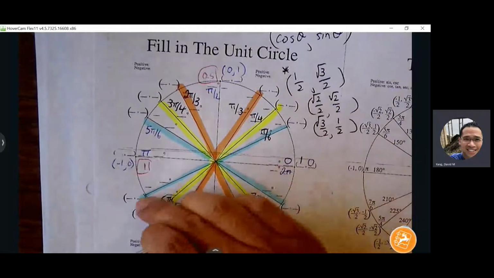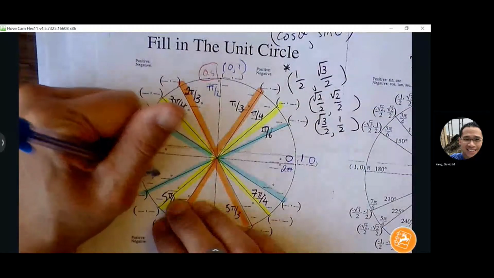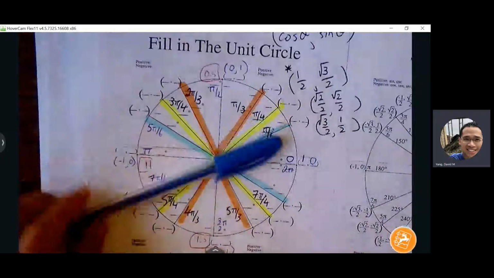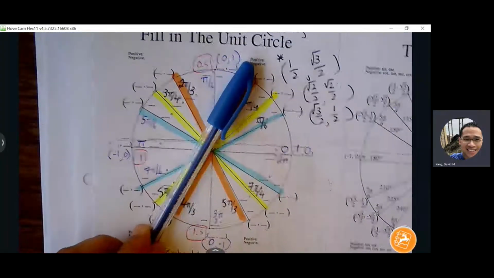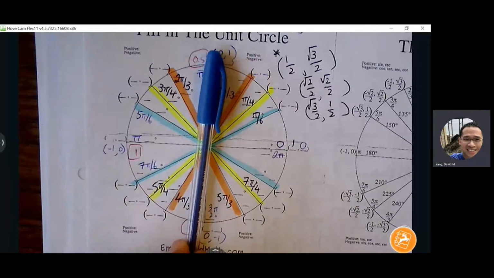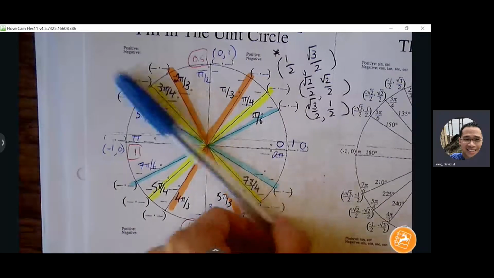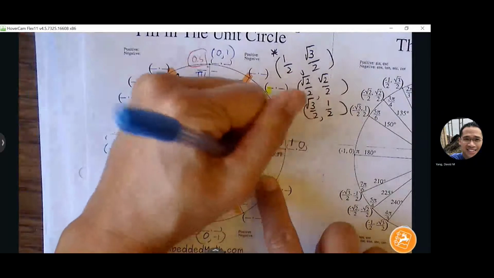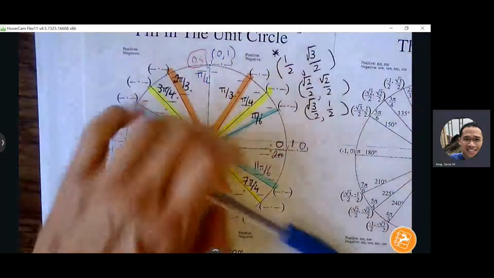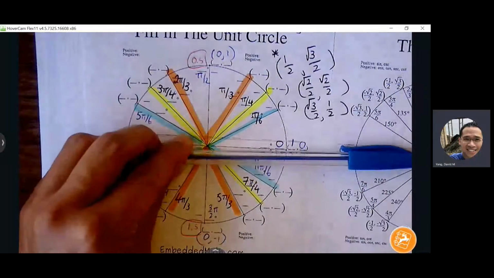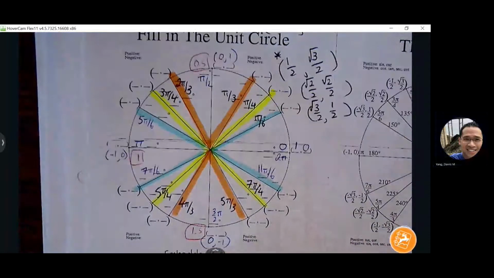Okay, there's an open slot. 8 over 6. 9 over 6. 10 over 6. 11 over 6. Okay, open slot. And then finally, 12 over 6 is 2, so that brings us back full circle.